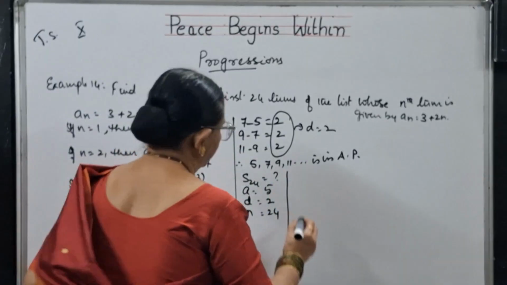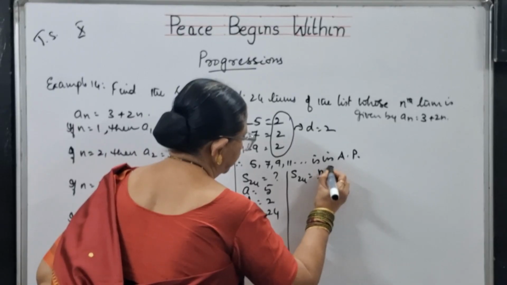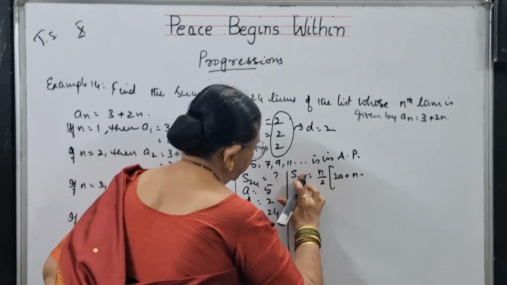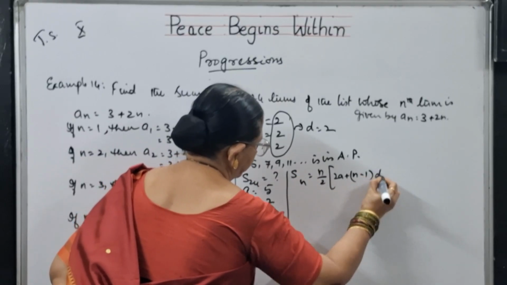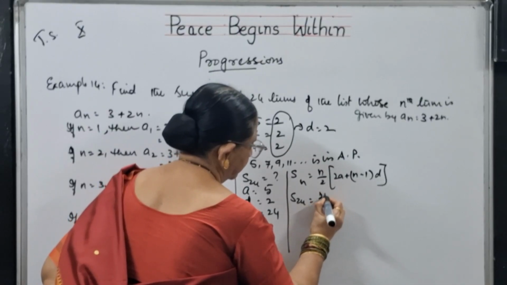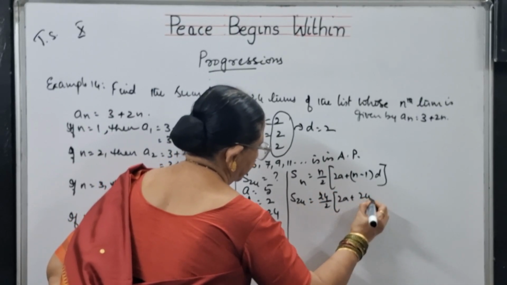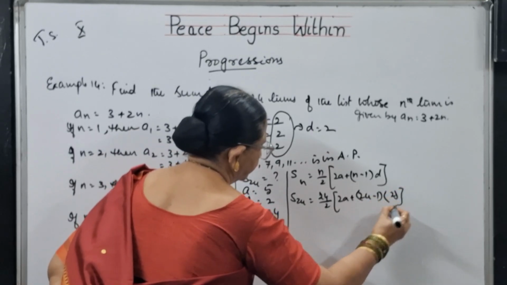So, sum to 24 terms is equal to n by 2 into 2a plus n minus 1 into d. First I will write the formula of sum to n terms: 2a plus n minus 1 into d. So, sum to 24 terms, 24 by 2 into 2a plus 24 minus 1 into d. d is 2.